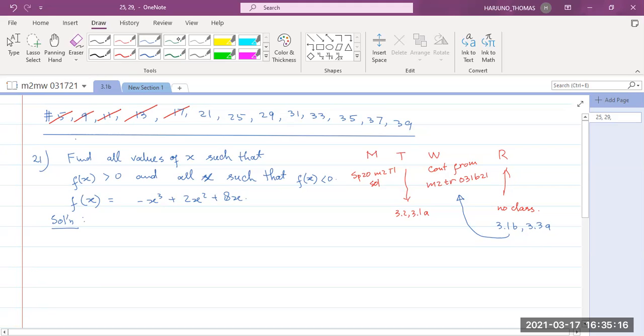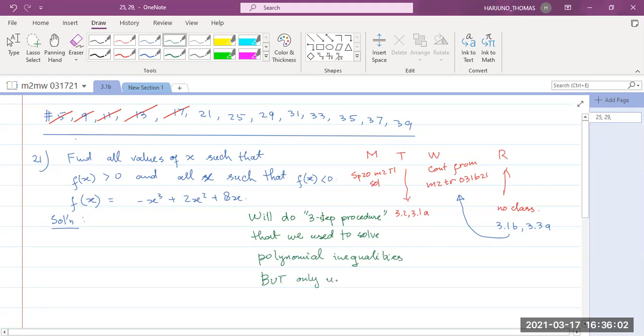We'll do the 3-step procedure that we use to solve polynomial inequality, but only up to step 2. Okay, let's see. What are those 3 steps?